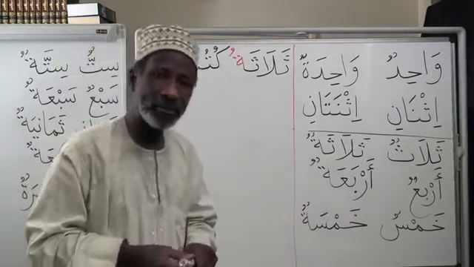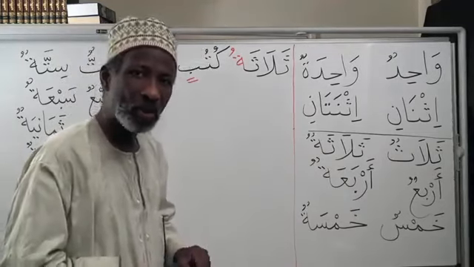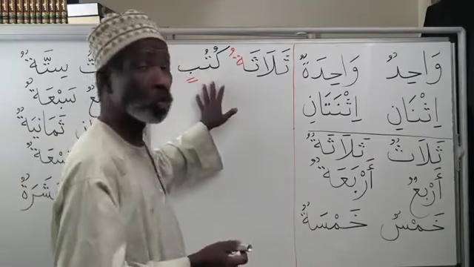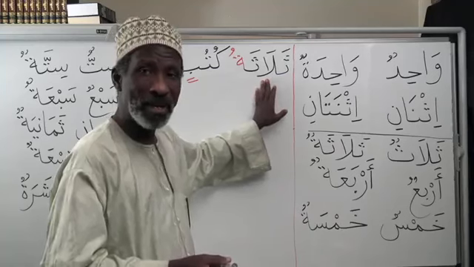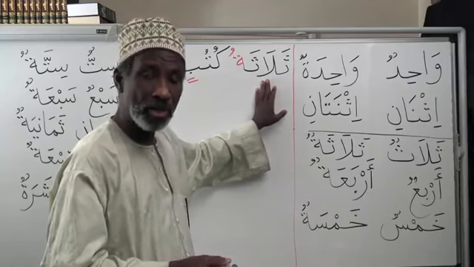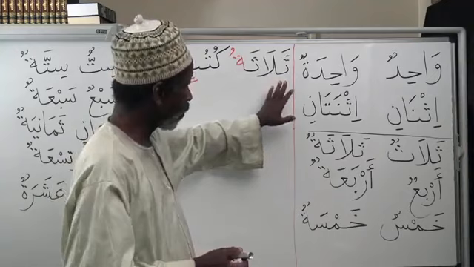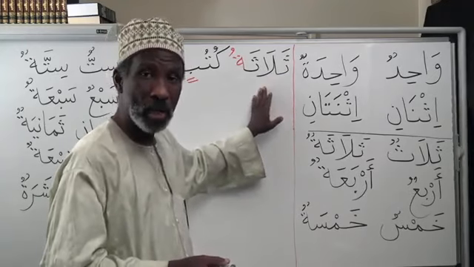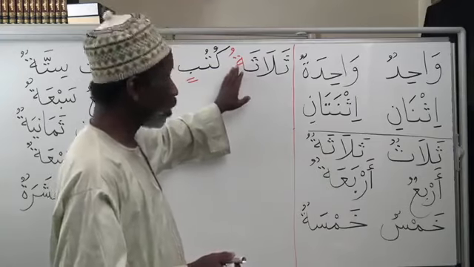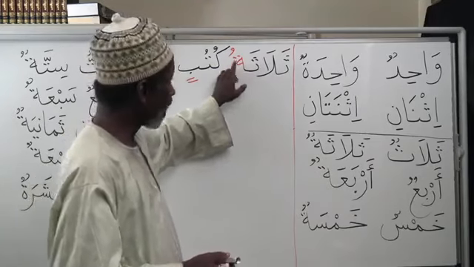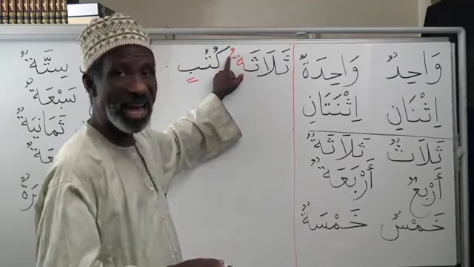Let's analyze this. Because we're counting masculine, it is kutubin, kutubun, we use feminine form of number 3. And also you will know that we start with the number 3. Another observation is we are using single vowel, thalathatu.